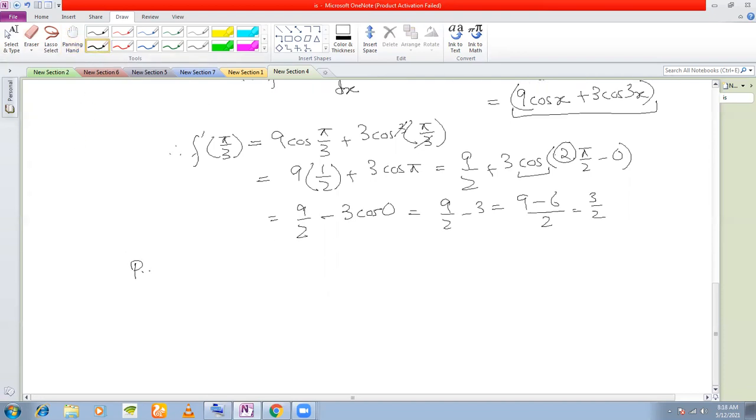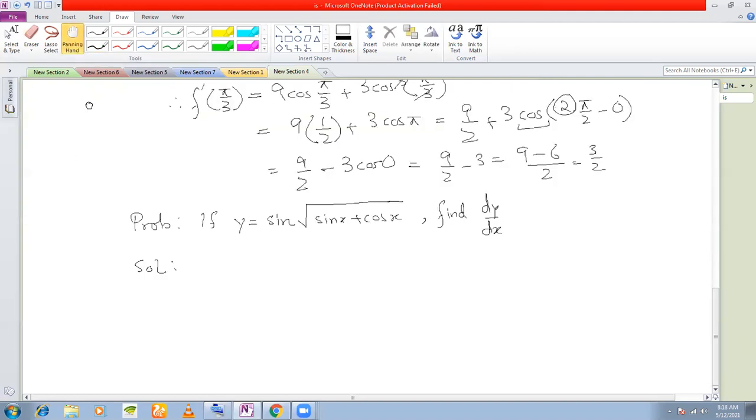Next problem here is, if y is equal to sine root sine x plus cos x, find dy/dx. Okay.